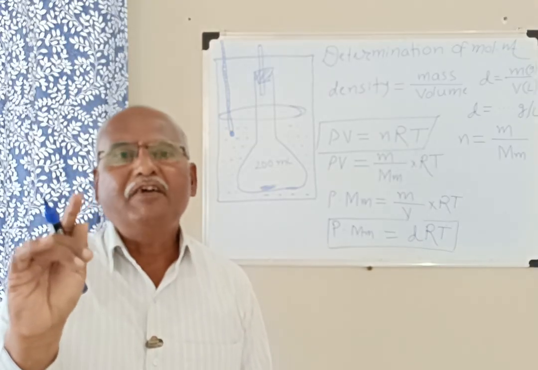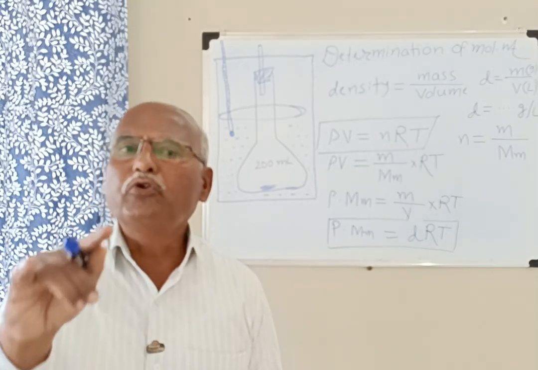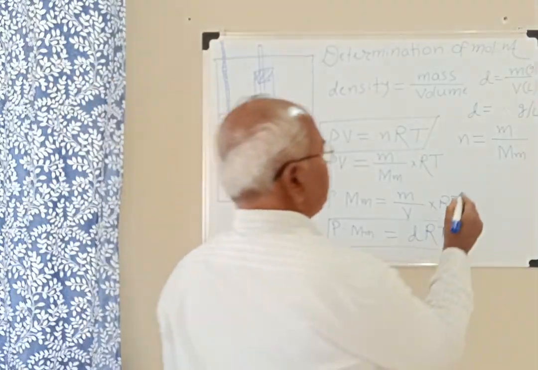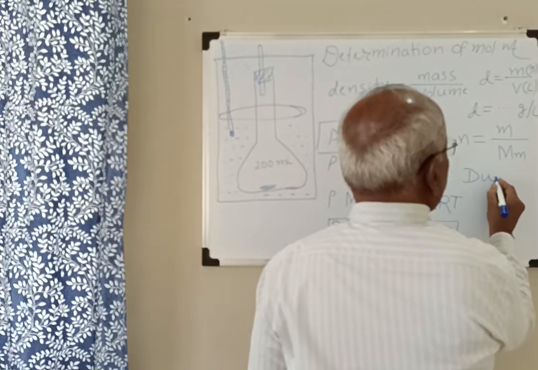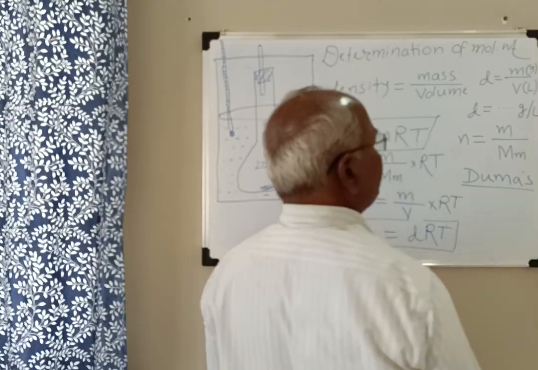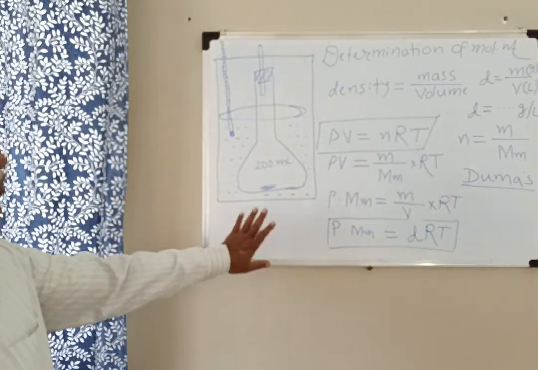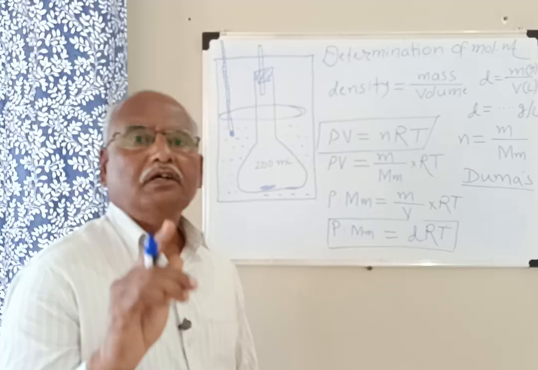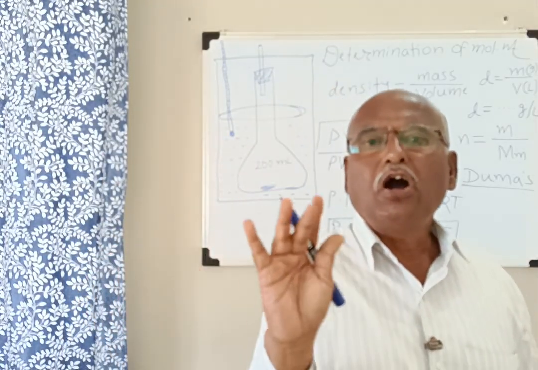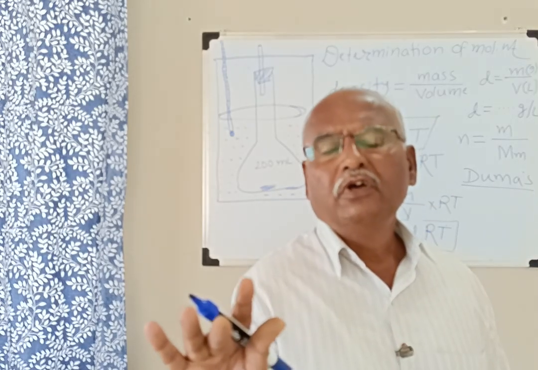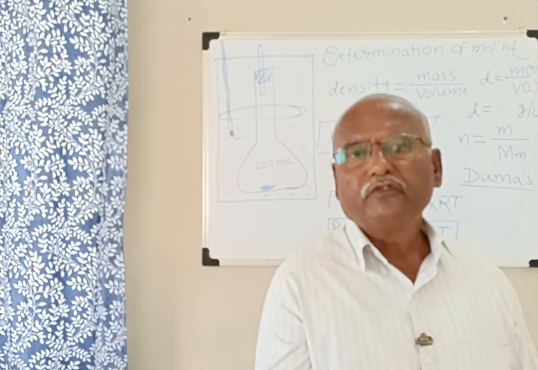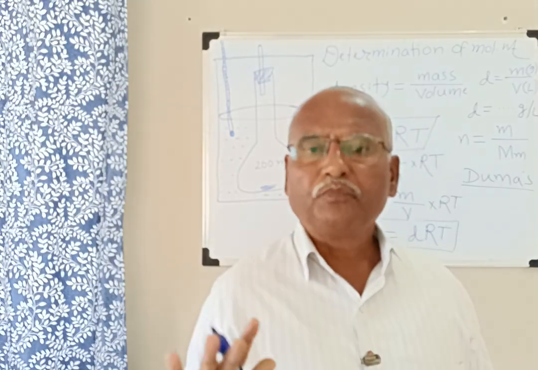So first, I want to explain how molecular weight is determined. Dumas method. Dumas is the name of scientist. Dumas method is used to determine the molecular weight of substance which can be vaporized without decomposition.